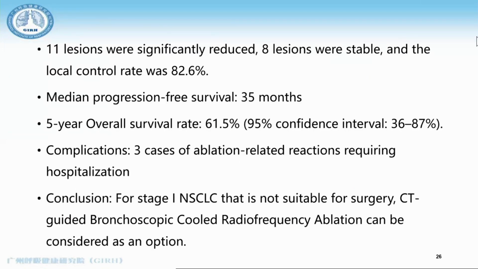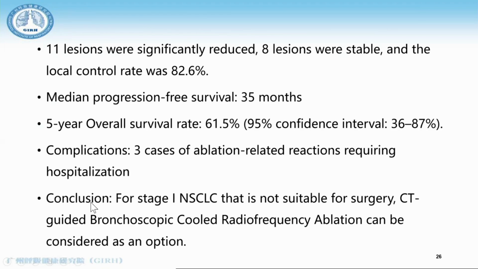The results show that 11 lesions were significantly reduced and 8 lesions were stable, and the local control rate was 82.6%. The 5-year overall survival was 61.5%, ranging from 36 to 87%.